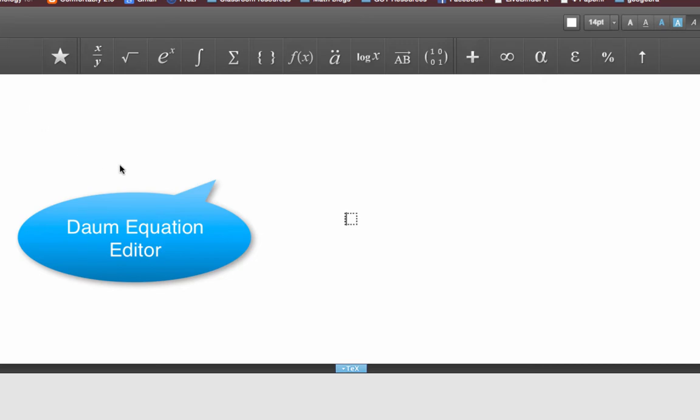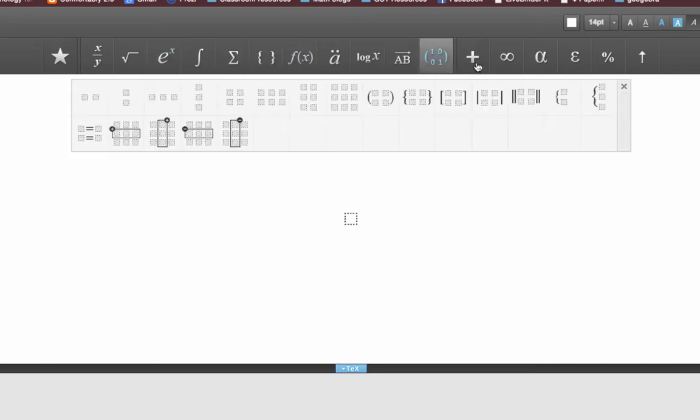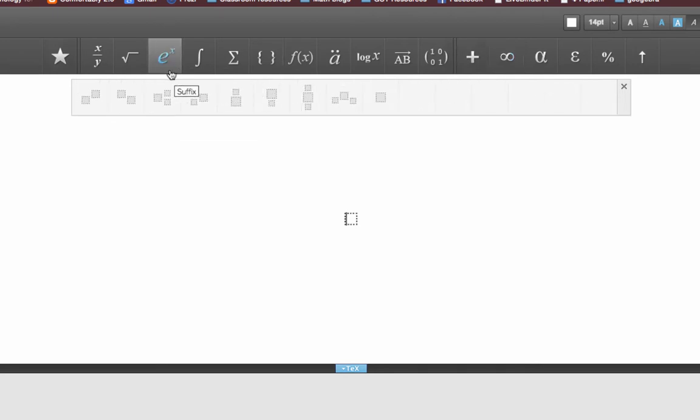It's also a Chrome app, and here all the tools that are available are the same as any other equation editor. So for x squared, let's type that in, plus 5x minus 6 equal to 0.